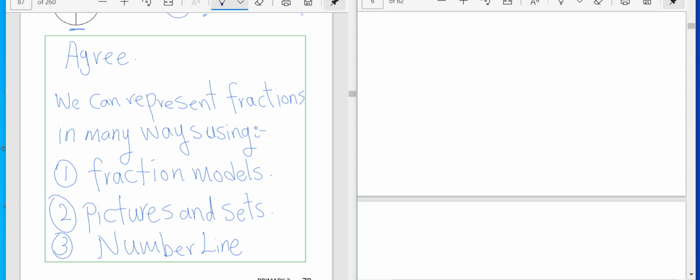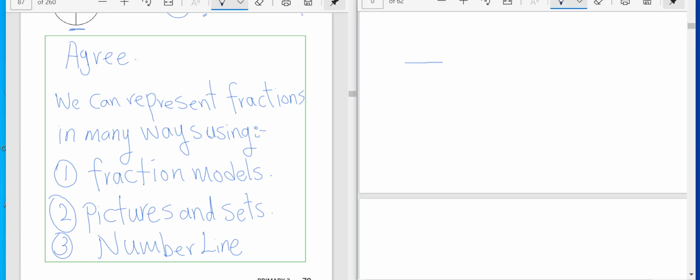When we represent unit fractions on a number line, we know that the size of one whole is the same. So, if we have these number lines, two number lines, this one and this one.